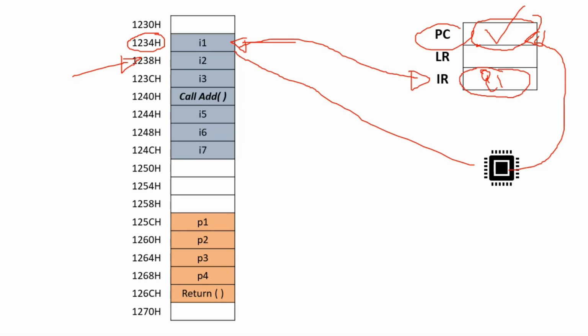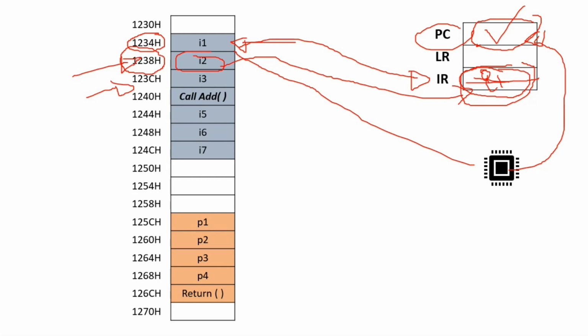Once this entire I1 instruction is executed, the same thing is repeated. Again the instruction where PC is pointing is fetched, then transferred to IR, and PC is made to point to the next instruction to be executed. Then whatever instruction is in IR gets executed. Similarly this repeats.